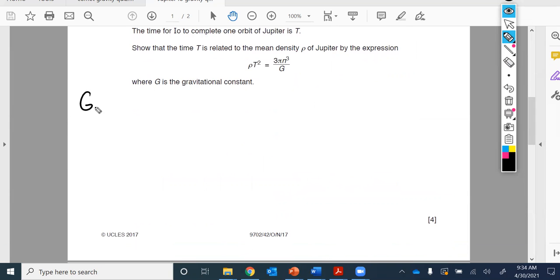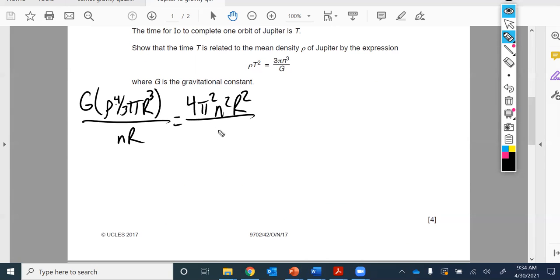We got G, rho, 4/3, pi, R cubed over NR equal to 4 pi squared, n squared r squared over t squared. Now we want to get this term on one side.